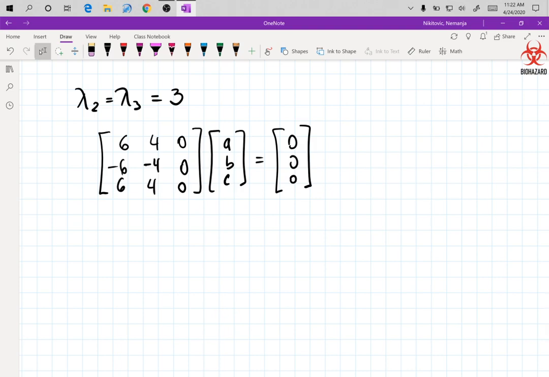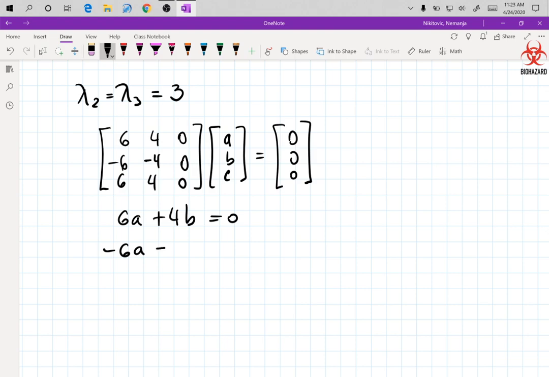So now my values here are 6a plus 4b equal to 0, negative 6a minus 4b equals 0, and then again 6, 4. 6a plus 4b equals 0, which is the same as the first.